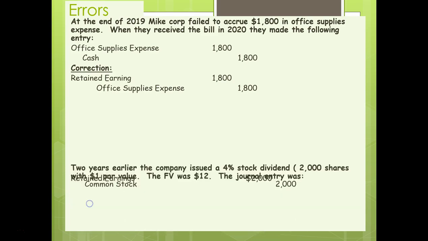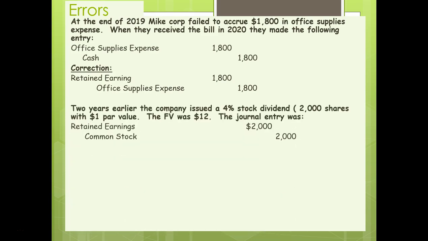All right, 2 years earlier, the company issued a 4% stock dividend, 2,000 shares with a $1 par. The fair value was $12. The journal entry was retained earnings, common stock. Now, this is what you would do if it had been a large stock dividend.